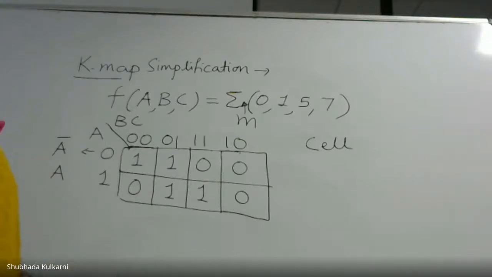So this first step is over. Construct a K-map and enter ones in the proper positions. What is next? You have to see how the ones are arranged in the K-map.